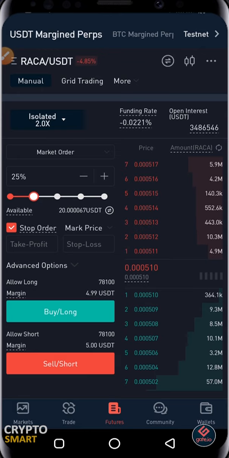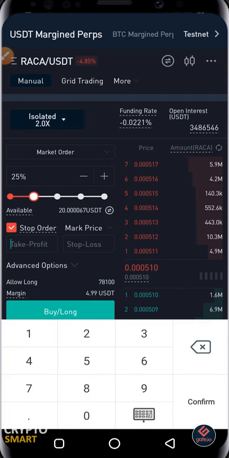All right, so the current market price is 0.00051. So I want to take profits when the price gets to 0.00052. Is that okay? And I want to stop my losses eventually if the trade didn't go my way. I want to exit the market when the price eventually falls to 4.9.